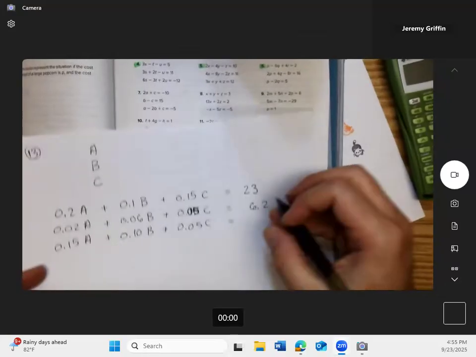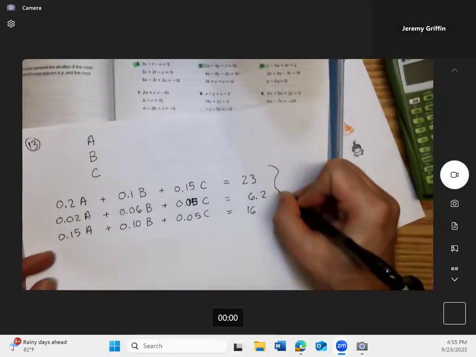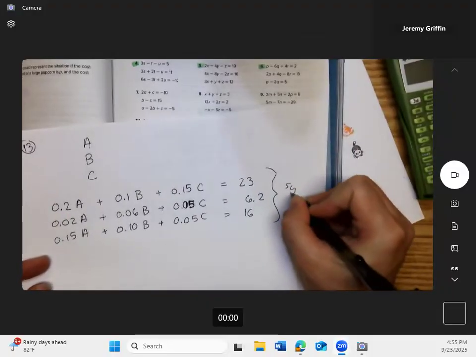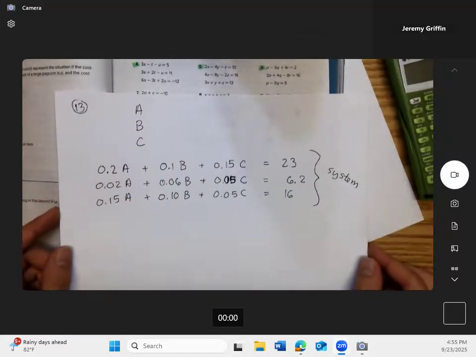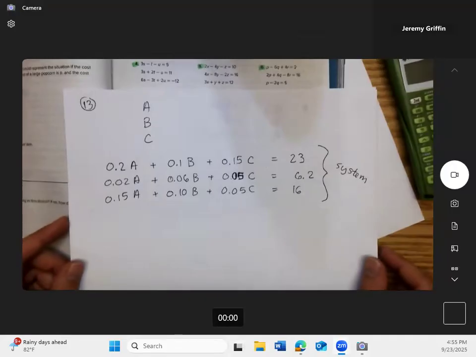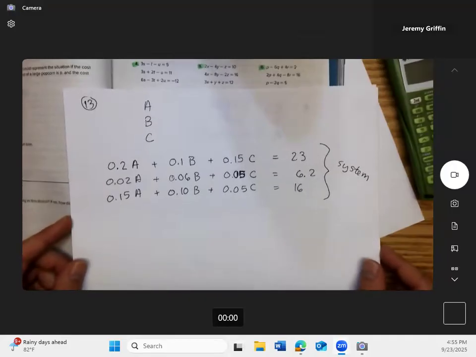I need 16 grams of moisture. Good. So there's my system. All right, so we're good. And so I have three equations and three unknowns. So now what? Well, how about this?